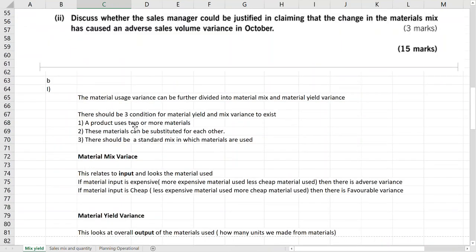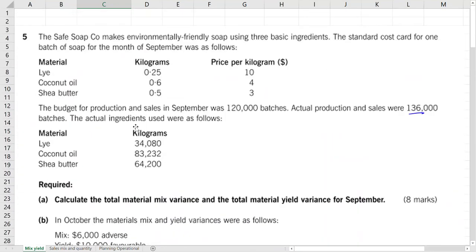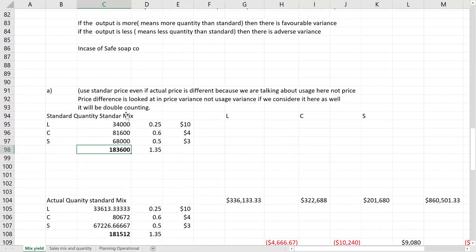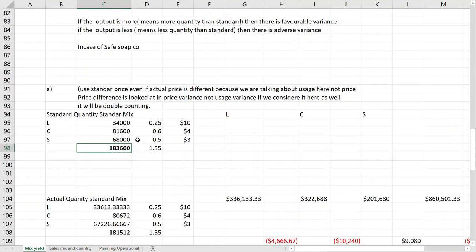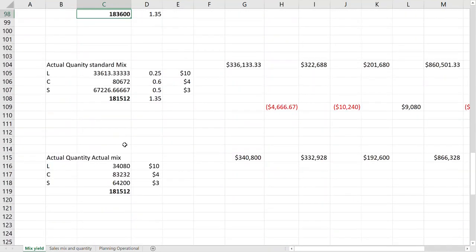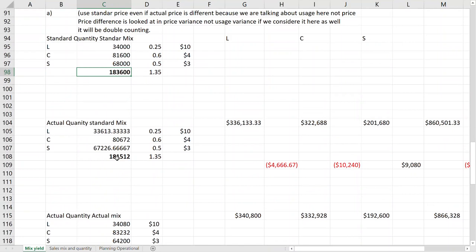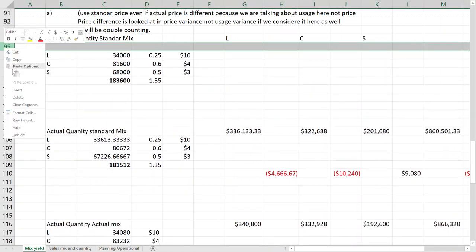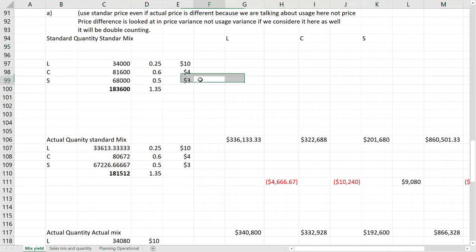If I look at the quantity that I produced and see the standard material that I would have used, I would have used 183,600 kgs, which is more than this. It means even though my mix variance is adverse, my yield variance is favorable.